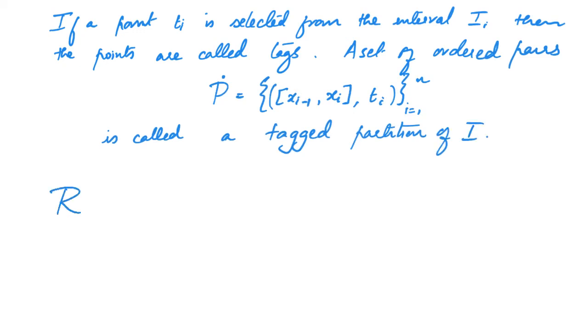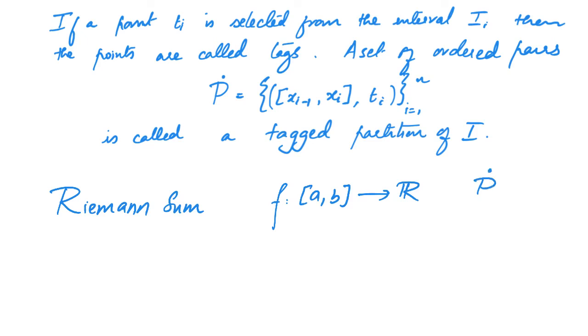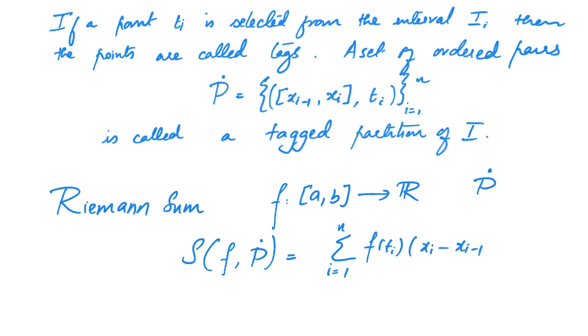Given a tagged partition, we can find the Riemann sum of a function f from ab to R and a partition P dot, defined as S of f comma P dot is equal to summation i going from 1 to n f of ti into xi minus xi minus 1.